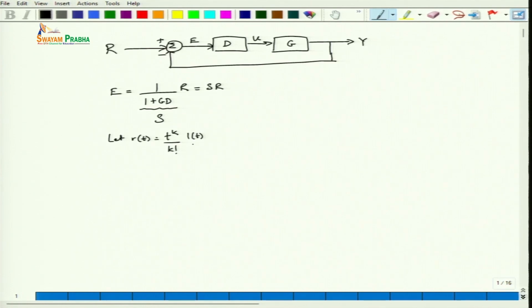This 1 of t represents that it will be 1 when t is greater than 0 and 0 when t is less than 0. So for this particular R of t, if we look at the Laplace transform table, we get R of s to be 1 divided by s to the power k plus 1. So this transfer function is valid for a polynomial reference.